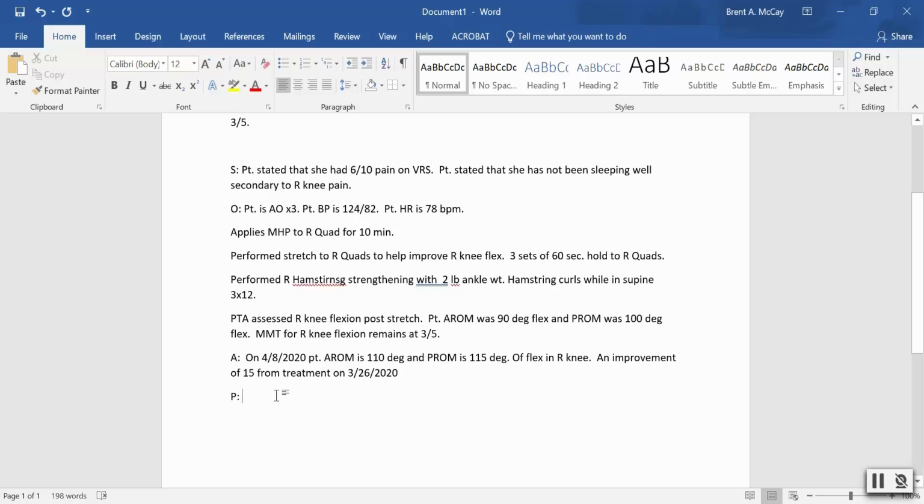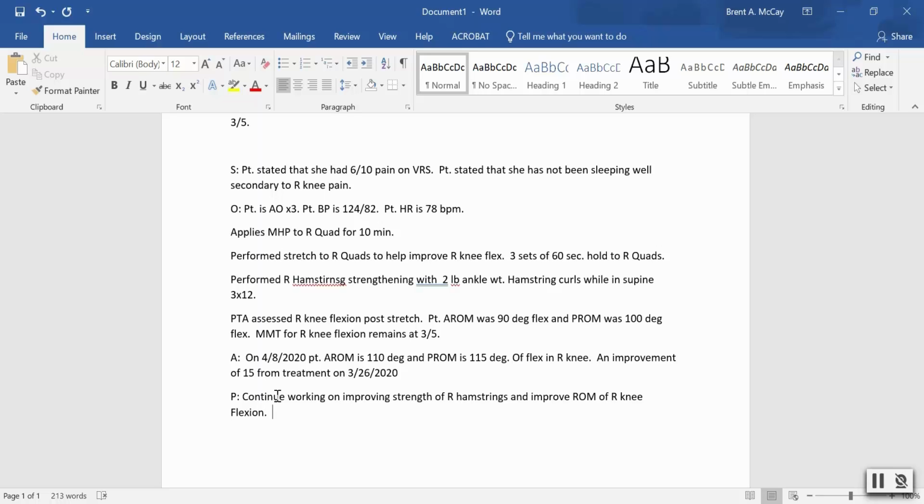My plan for the next treatment would be continue working on improving strength of right hamstrings and improve range of motion of right knee flexion, right? Because that's really your plan. That's all the goal is for this patient.